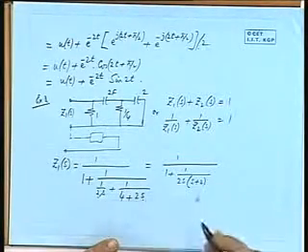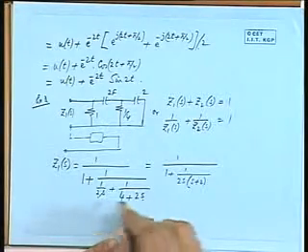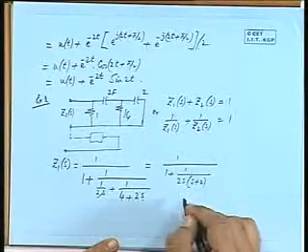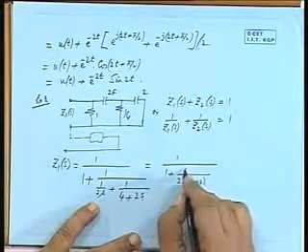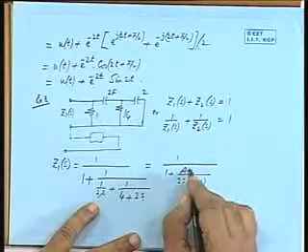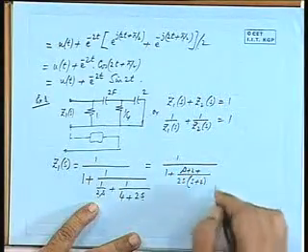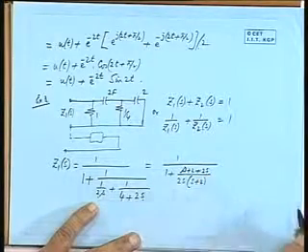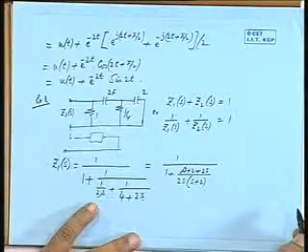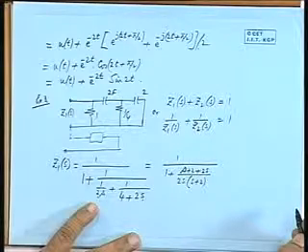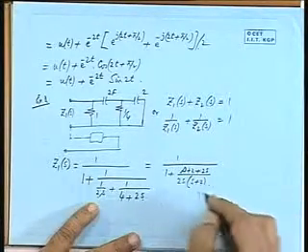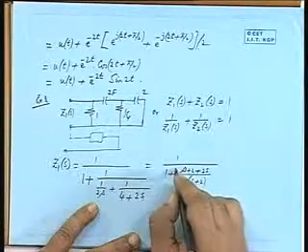So 2s into s plus 2, and then the numerator will be 1 by 2s, so s plus 2 plus 2s. Check if I am all right. Is this okay? This should be 1 by.